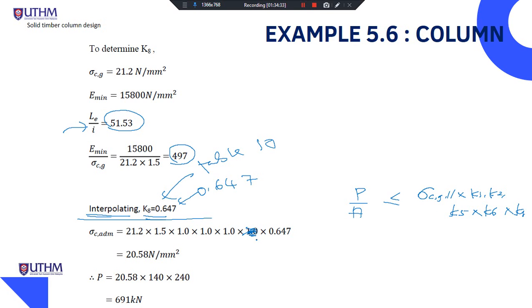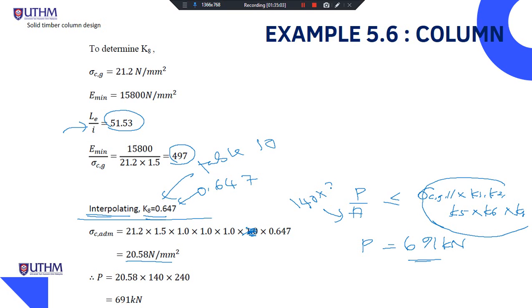All right, so our permissible compressive stress is equal to 20.58, and finally we got our P equal to 691 kilonewton.